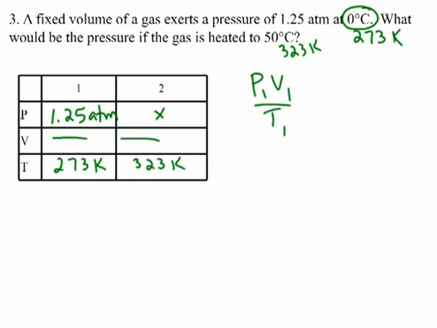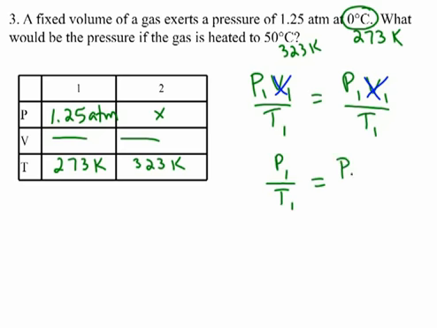So if we start with the full equation, P1 V1 over T1, we know that volume is going to stay constant. So we'll take volume out of the equation. That leaves us with P1 over T1 equals P2 over T2. Oh, I made a mistake here. Of course, these should be 2's.